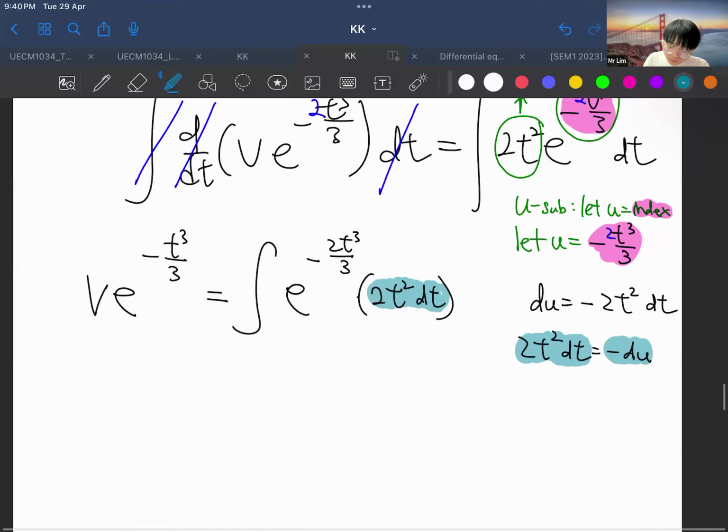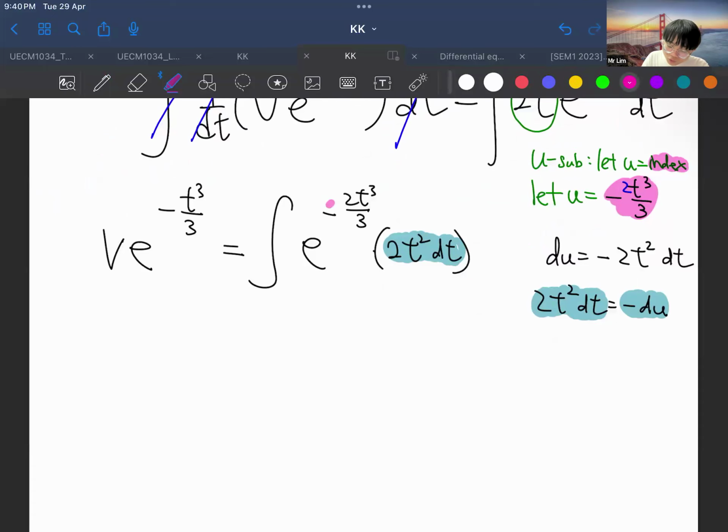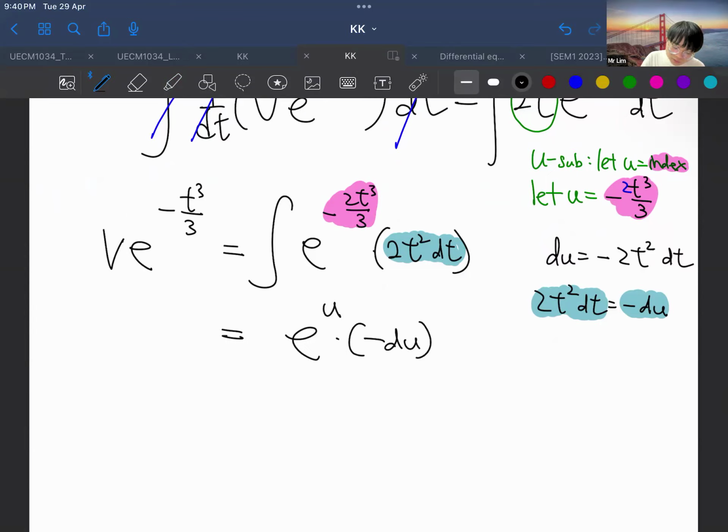Where this one is replaced with u. If that's the case, then everything will be simpler to solve. So integration of e to the u times negative du, and that is equal to negative integral of e to the u du.